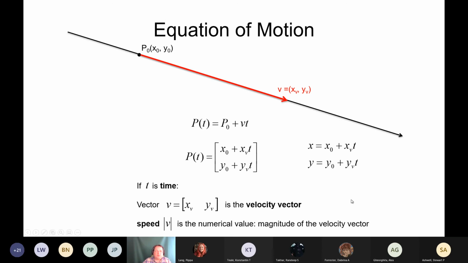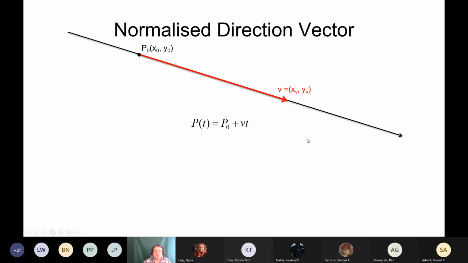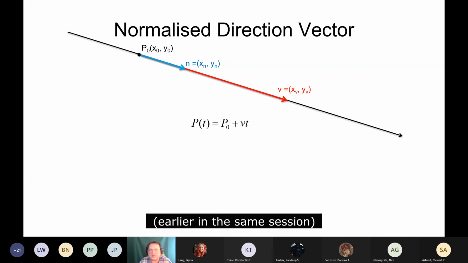Now, if t is time, then of course this vx, vy, the red vector, is the velocity vector. Speed is the numerical value, and this is the magnitude of the velocity vector. And we can also talk about the normalized direction vector, and this is the normalized velocity vector, which I already told you about when we started our exercise.